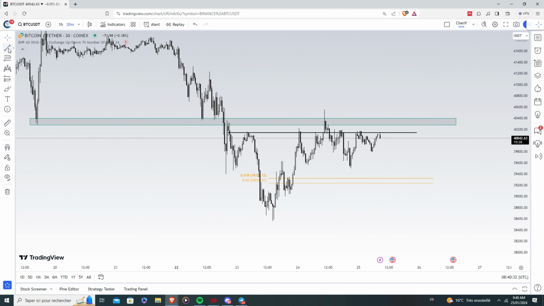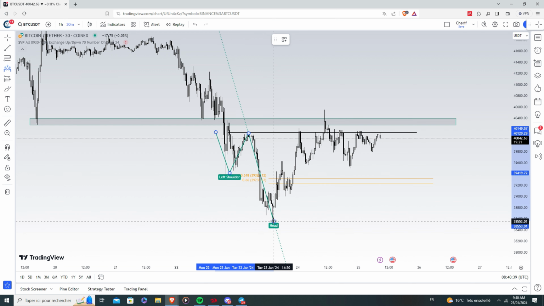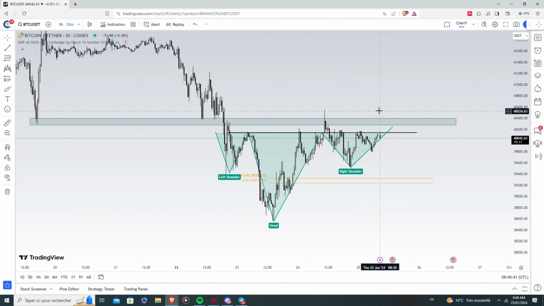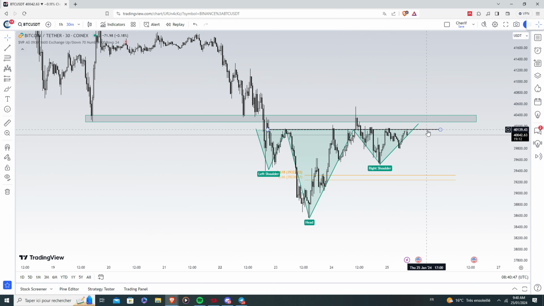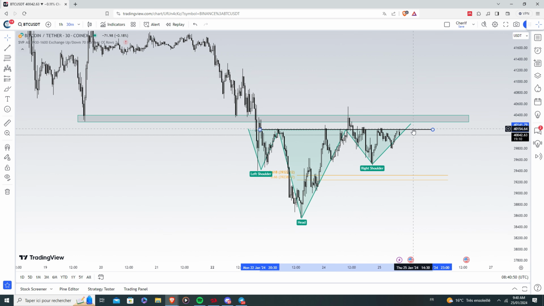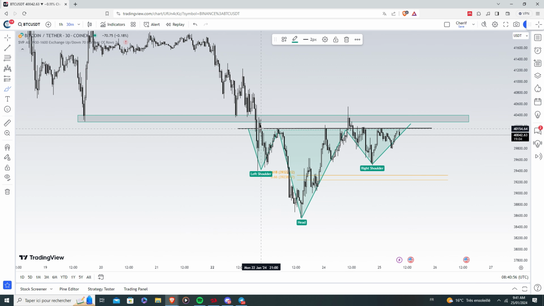So hold on a second right now. As you can totally see, this is the left shoulder, this is the head, and this is going to be the right shoulder. If we manage to break from above this neckline again, which is accurate, as you can totally see, here you've had the rejection, here you've had the rejection, another one, fake out, another one, and the current one.